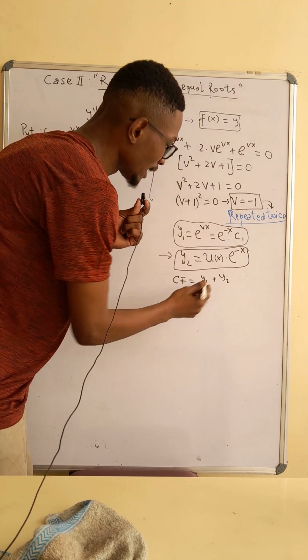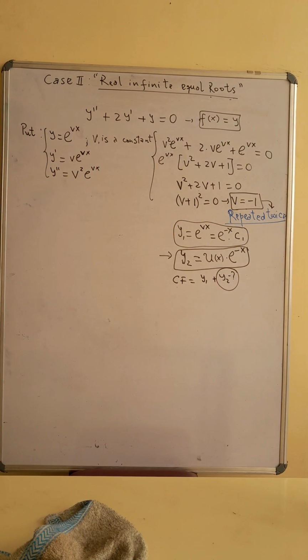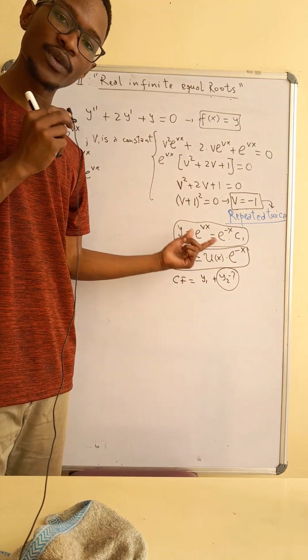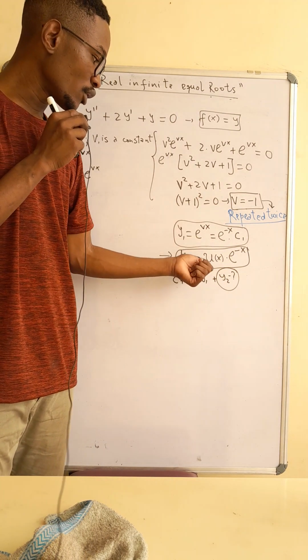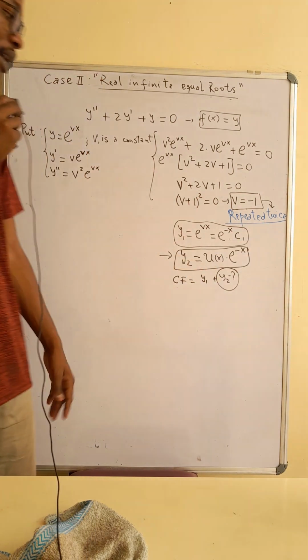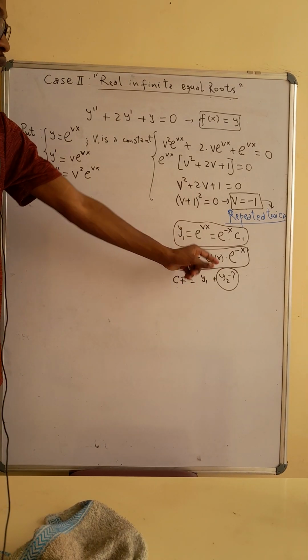That's the point. Now, what is my y2? That's the question. Y2 is what we are going to find by reducing the order of this differential equation. So u of x times Euler raised to minus x. How to find u of x?